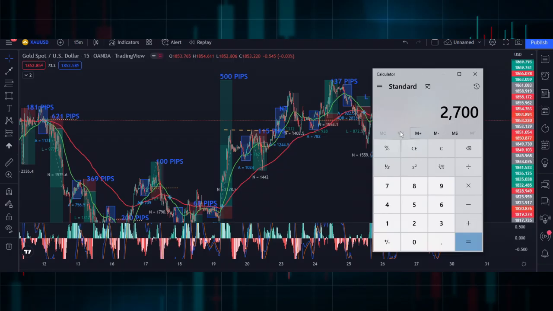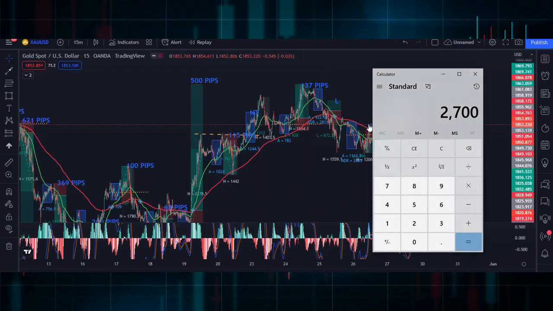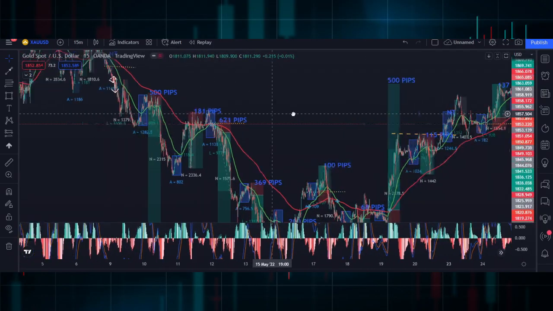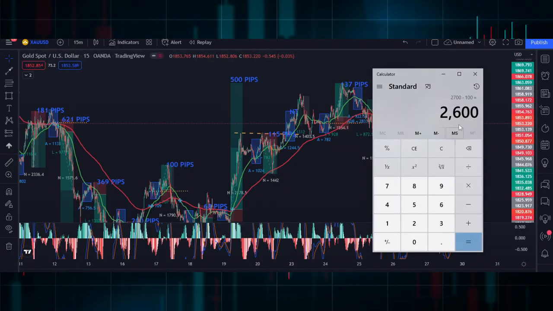And then after I finished subtracting the losses, which was 2, and both of them are 50 pips, so I subtract 100 pips from it. So the profit for all of these trades is 2,600 pips.